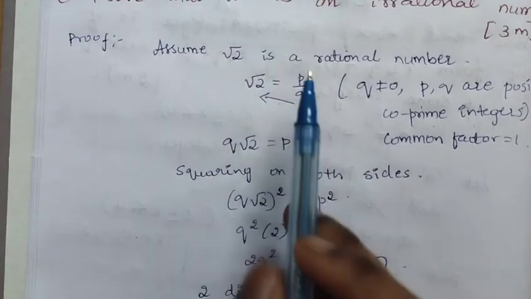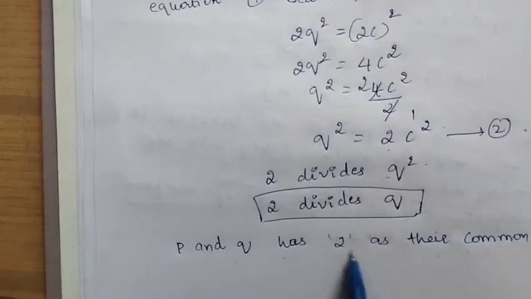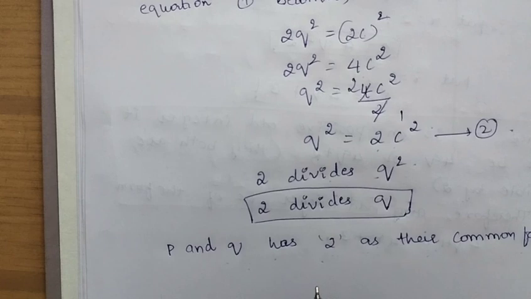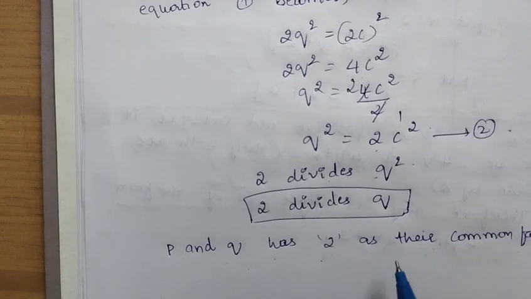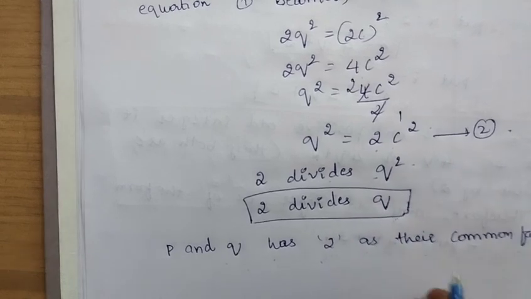If root 2 was a rational number, then the common factor should be 1. But here we are getting another number, 2, which is the common factor between p and q. So this tells that our assumption is wrong. Our assumption that root 2 is a rational number is wrong. Therefore, root 2 is an irrational number.